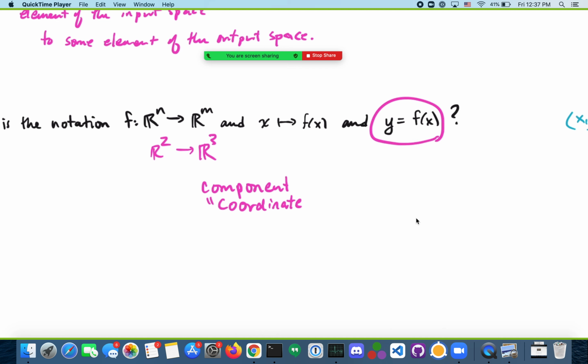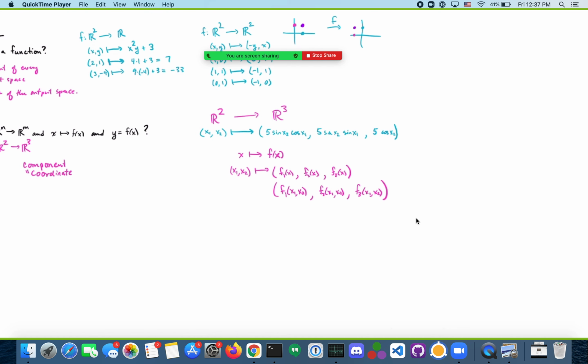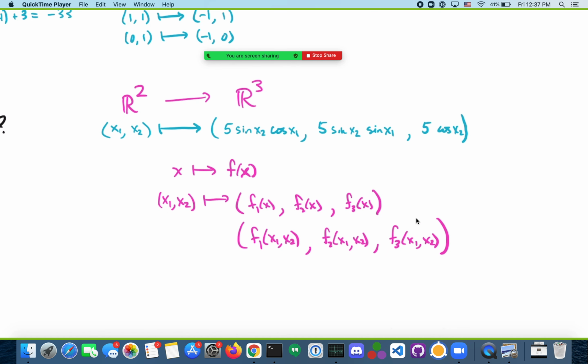Now what is this y equals f of x? Let's go back to our example. Let's pick a different color, blue.